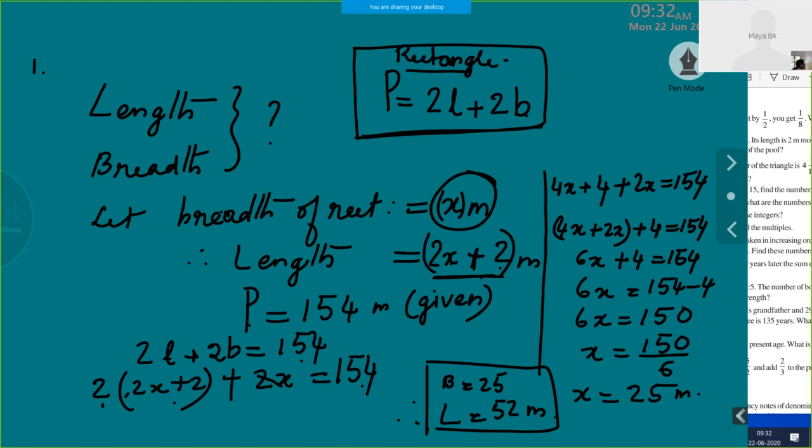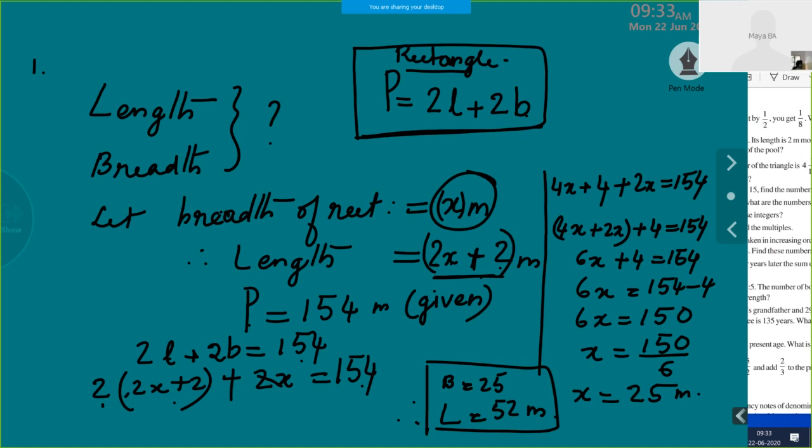First thing, read the question. You are supposed to find out length and breadth. Length is depending on breadth. So first we assumed breadth as x. Length is 2 more than twice of breadth, so it becomes 2x plus 2. Perimeter is 154. So we substituted in the formula 2 length plus 2 breadth is 154.